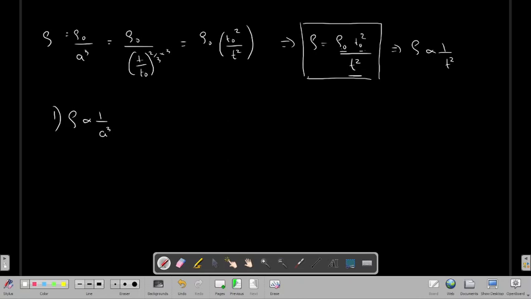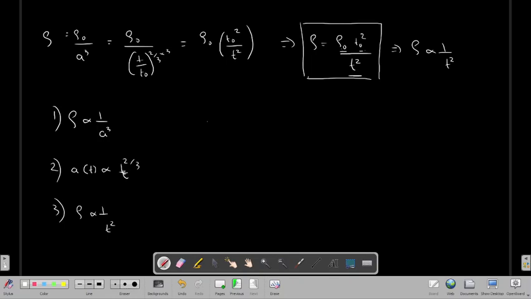We have got that rho is proportional to 1 by a cube. The second thing which we have got is that the scale factor changes with time as t to the power 2 by 3. And the third thing which you have got is rho is proportional to 1 by t square.